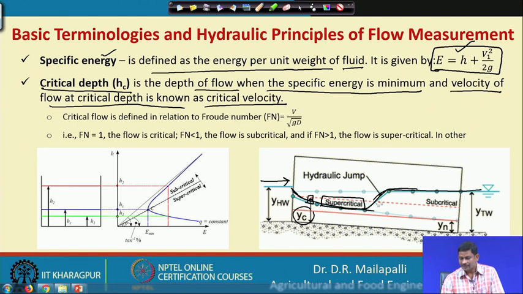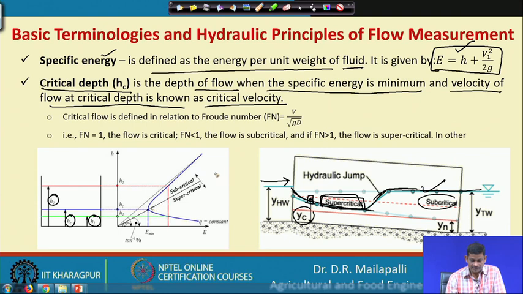Then it is going to rise, and that is subcritical, while before that it is supercritical. Here, if you see clearly, at H 2 we have the initial depth, the head depth. Then H c is the depth at which the specific energy is minimum. H 1 is another depth, which is less than H c.